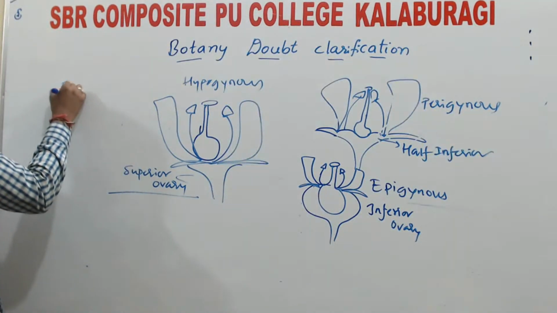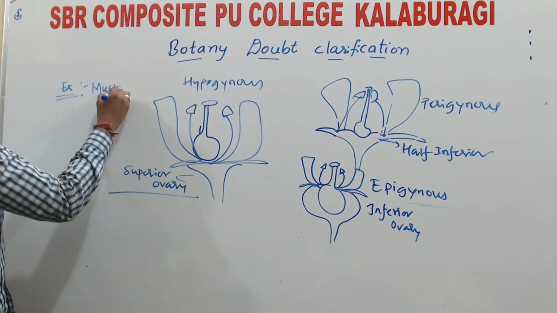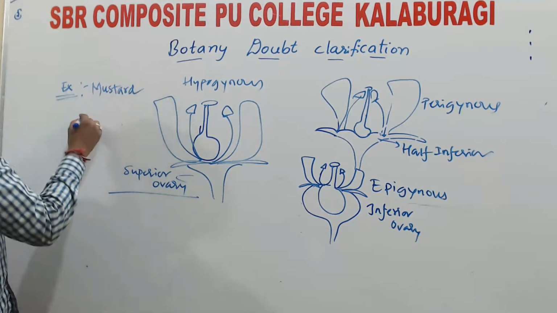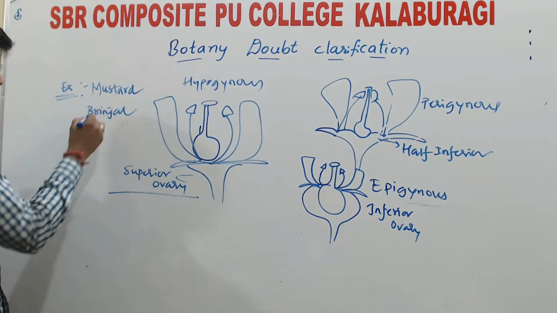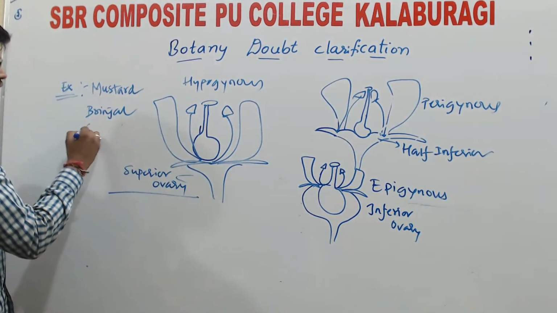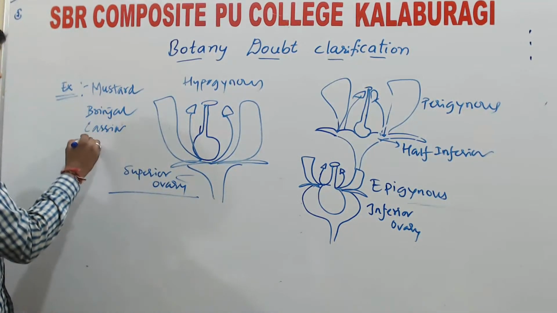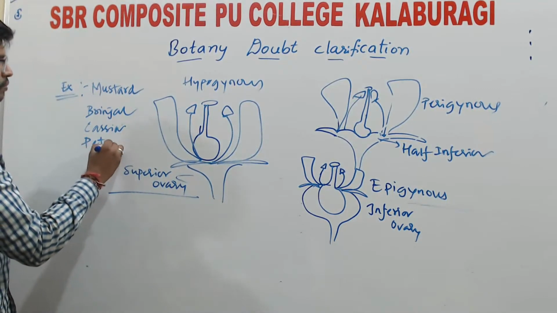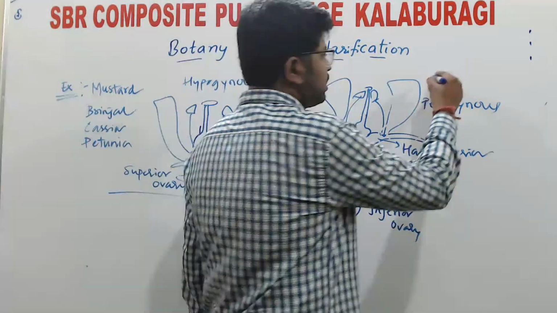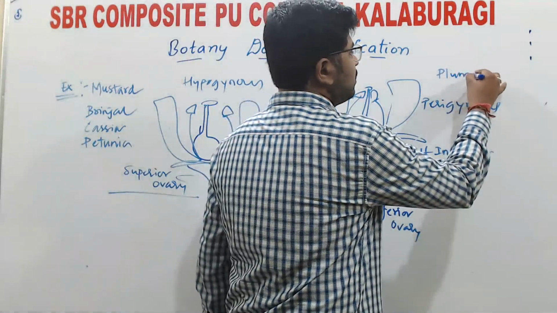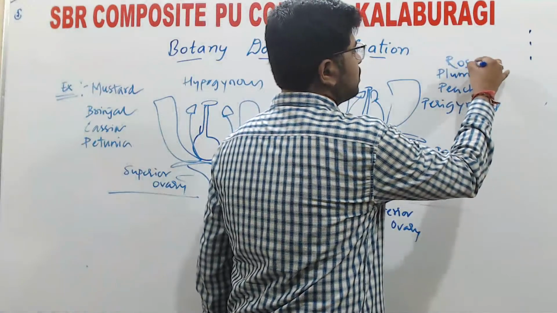Examples for hypogynous: you can consider mustard, brinjal, C for cassia, P for petunia. Whereas for perigynous, the examples are plum, peach, and rose.